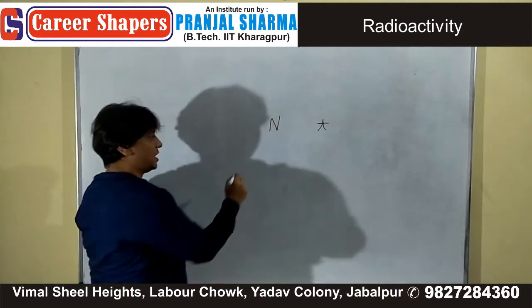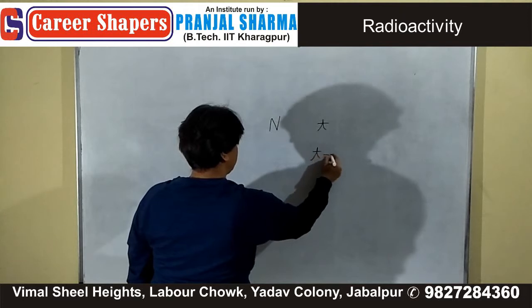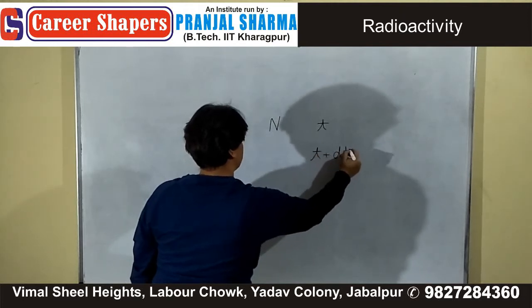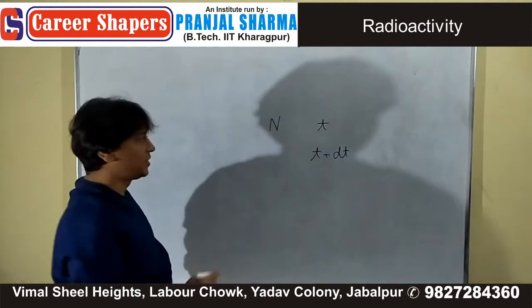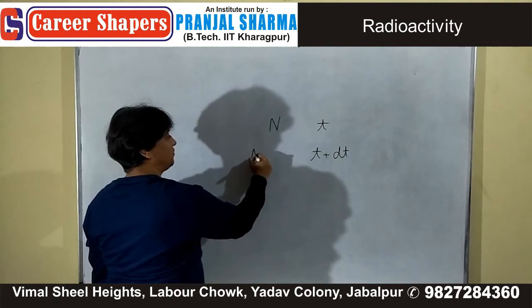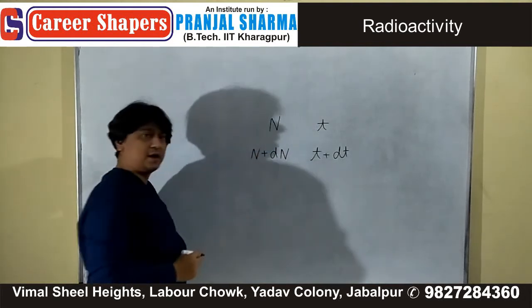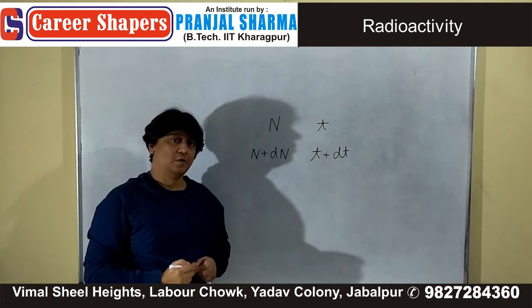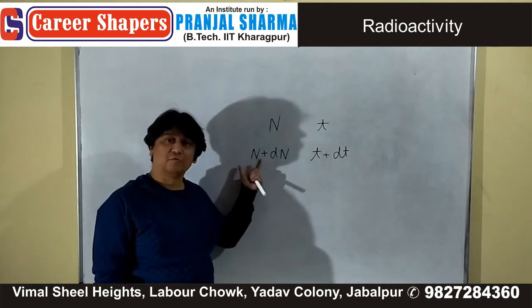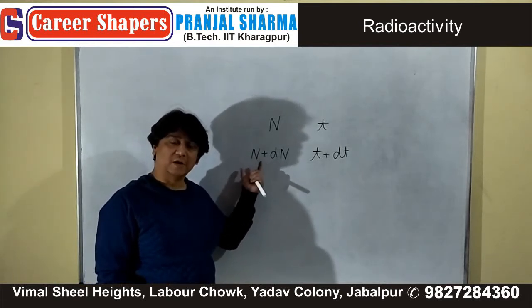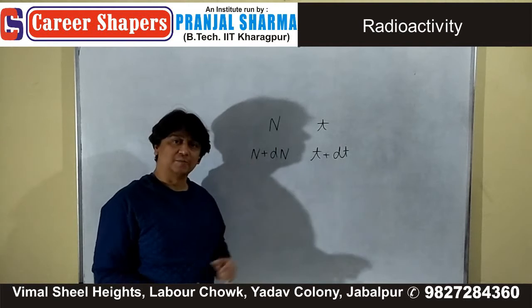Then at time t plus dt, we found that the number of active nuclides is N plus dN. Now, we are discussing radioactivity, which means disintegration is happening.